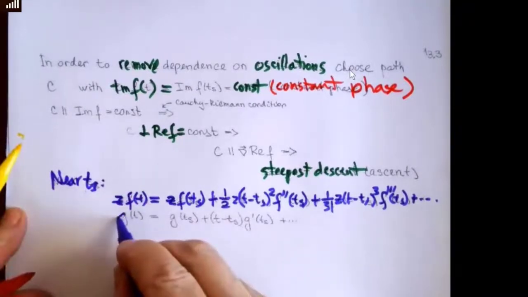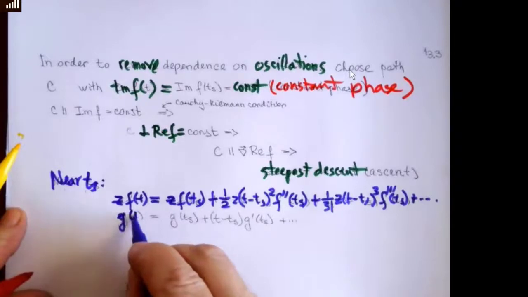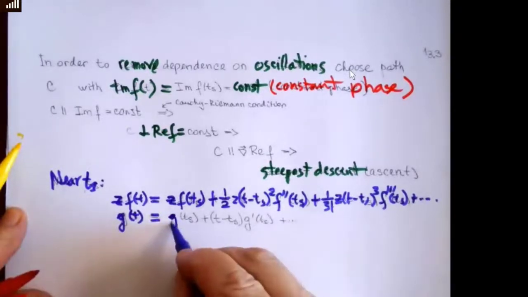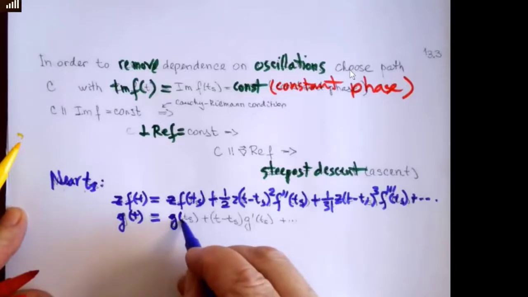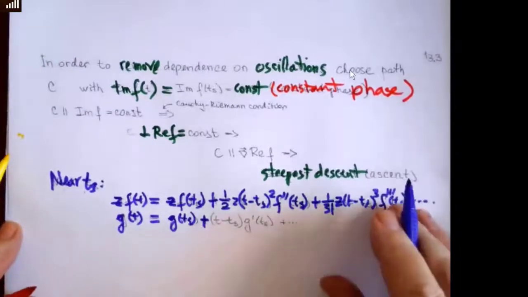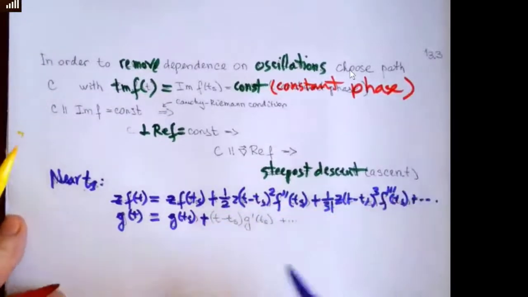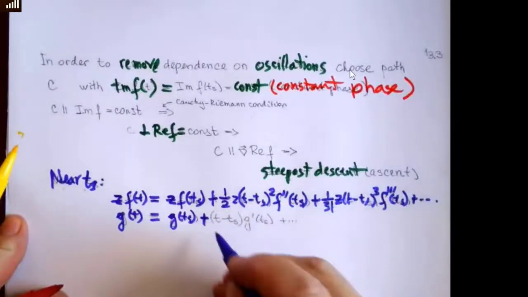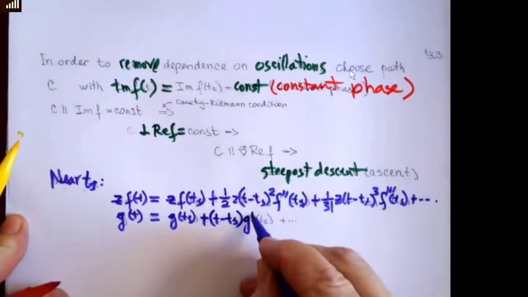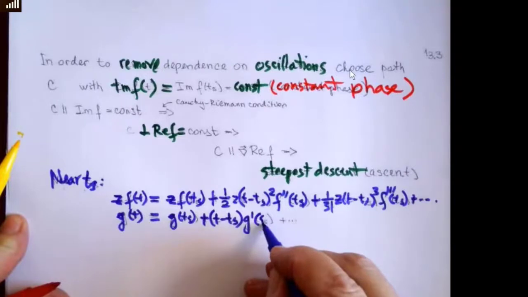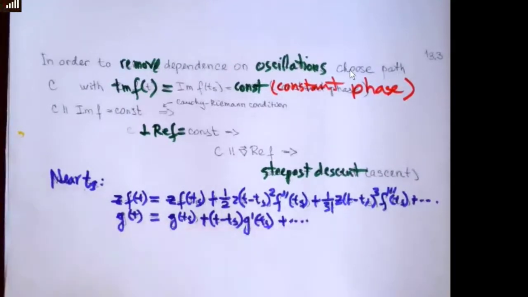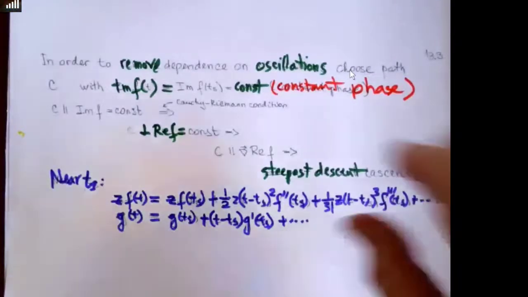And we'll need to also evaluate the function g, the prefactor, at the saddle point. And that function doesn't have anything special happening at the saddle point. So it has the first term in a Taylor expansion. So we'll keep as much of that function as we need.